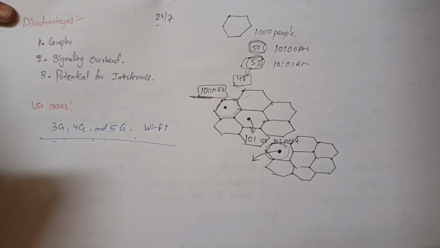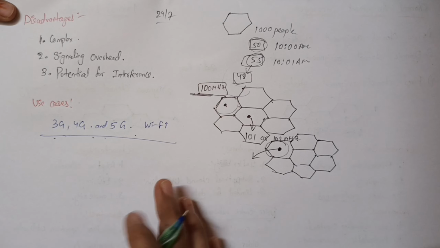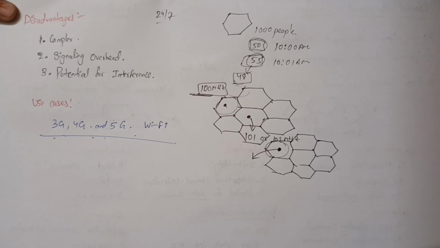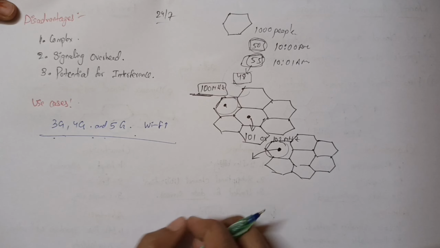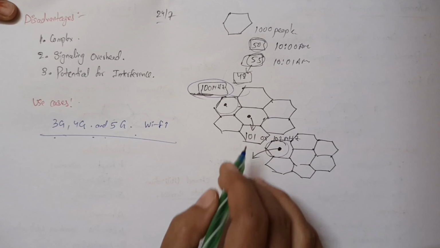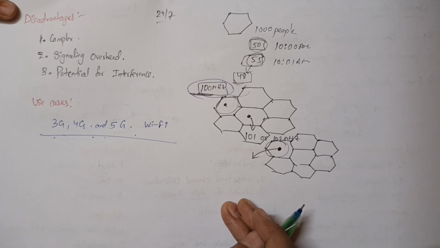So let's summarize it. In summary, the dynamic channel assignment strategy is a channel allocation strategy that adapts to real-time network conditions to optimize the allocation of the radio frequencies, and it offers improved spectrum utilization.